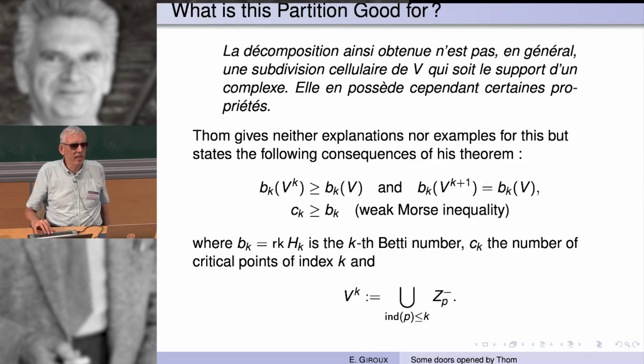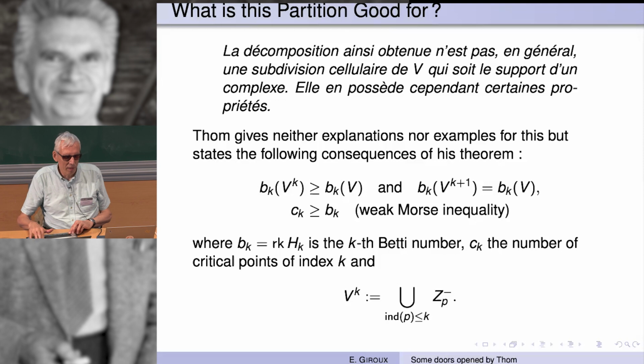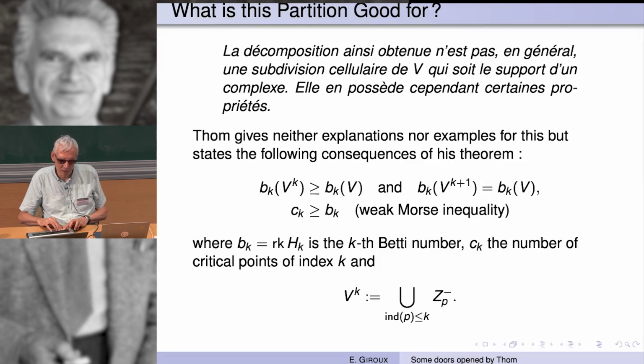Thom gives neither example nor explanations of what he just said, but he claims that you have the following consequences of his theorem. The first consequence is that the Betti number b_k of V_k is larger or equal to b_k of V, and b_k of V_{k+1} is equal to b_k of V. What is V_k?